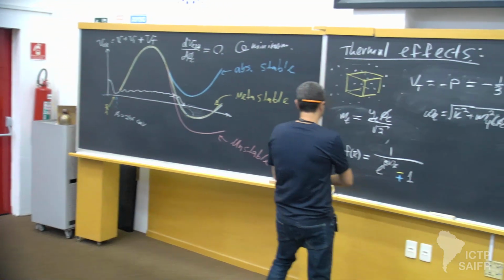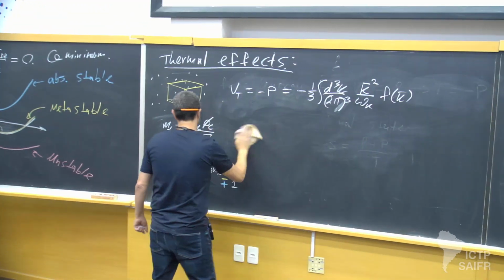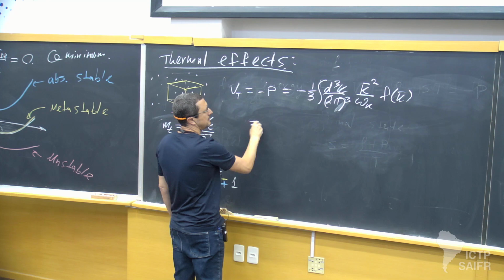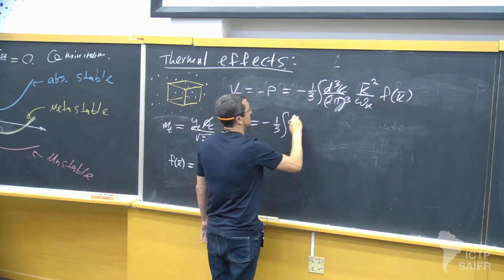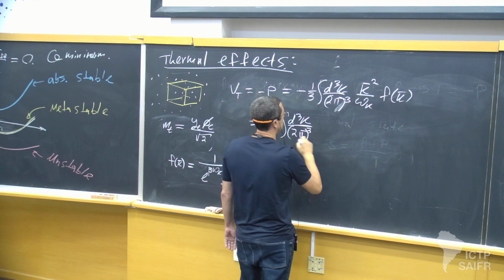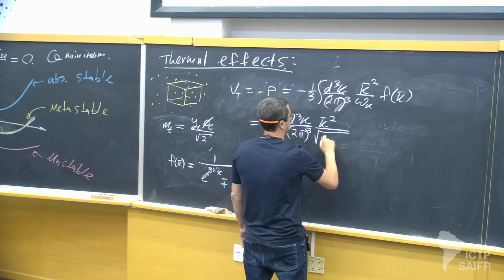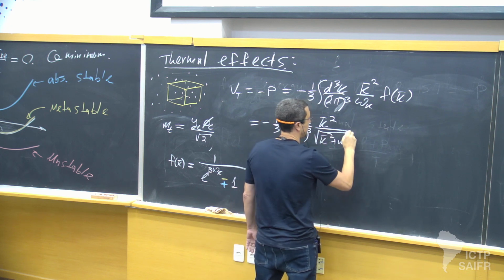Let's just write what this expression is, because again, it is so important, and you will see it in textbooks. So this is minus a third, d^3k over (2 pi)^3. Let's call it m_phi squared.